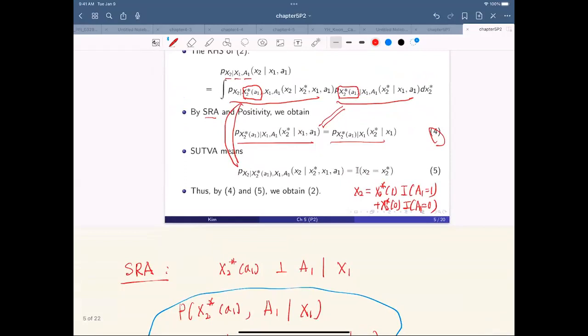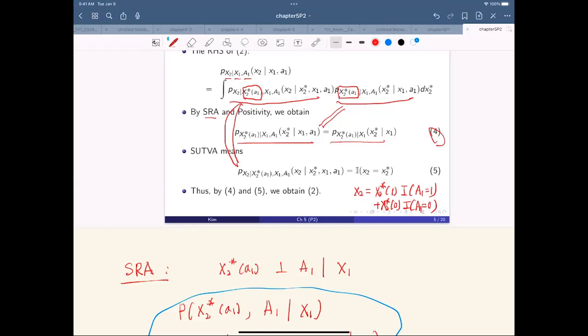So that means conditional on this, this is constant. So we know that with certainty there is no additional randomness, right? That is basically what Stuba means. Stuba means there's no additional noise comes in.